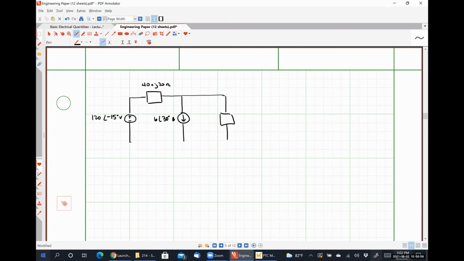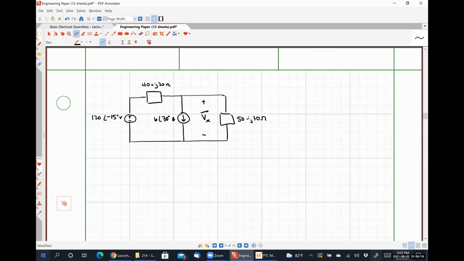And then we have another impedance here. Let's call it 50 minus j30 ohms. And I want to know this voltage drop.